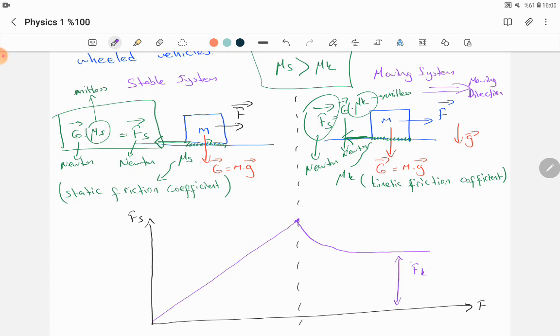That is the kinetic frictional force, the kinetic friction coefficient multiplied by the reaction force. The reaction force is opposite to the gravitational force and is shown as n, for example.